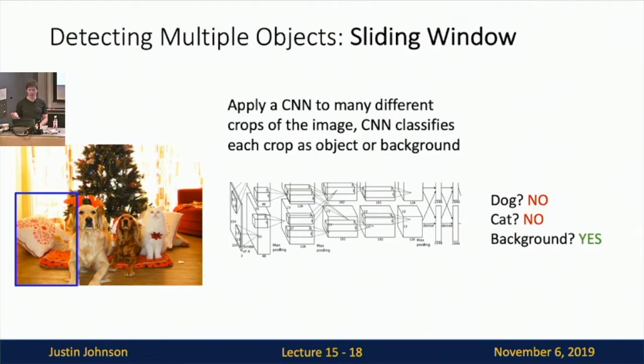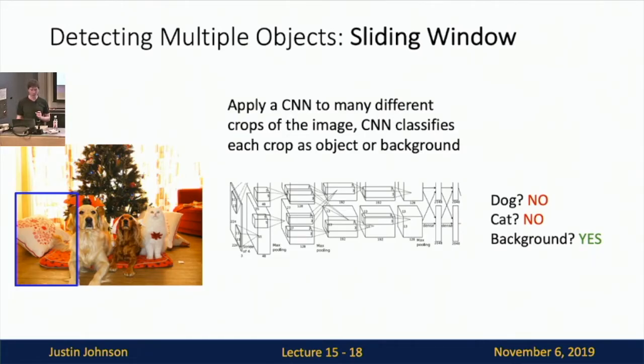So that means that we are reducing this problem of detection down to an image classification problem. All we need to do is apply this classification CNN to many, many different regions in the input image. For each region, that classification CNN will tell us either is this a dog or a cat, or is this some background region where there is no object that we care about.